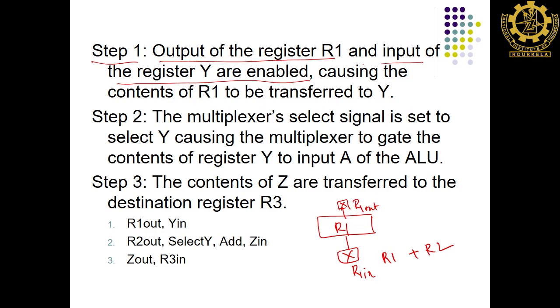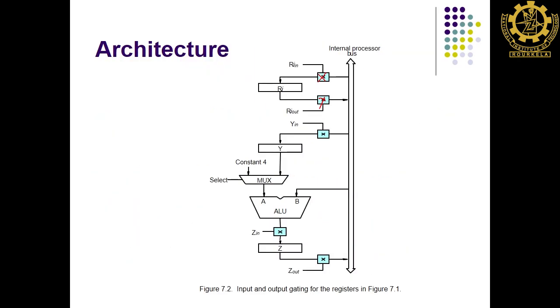What do you have here? Let us say we have a register somewhere here. Let us say this is R1. R1 is connected something like here. We have R1 in, and then R1 out.